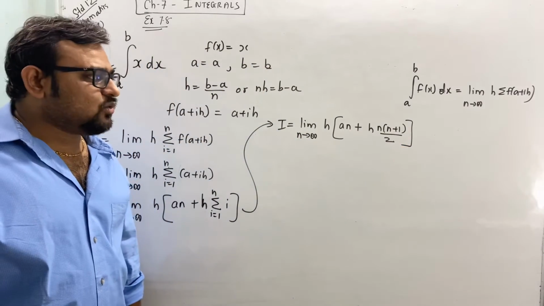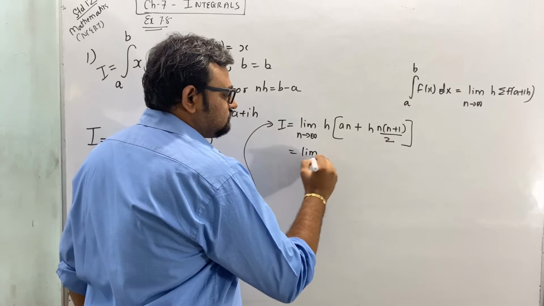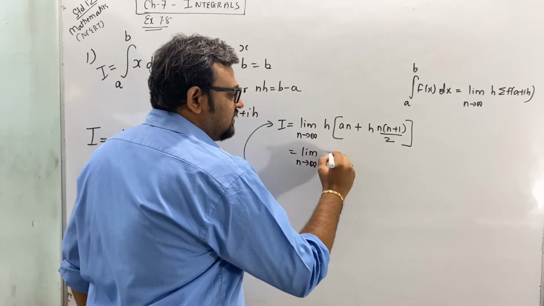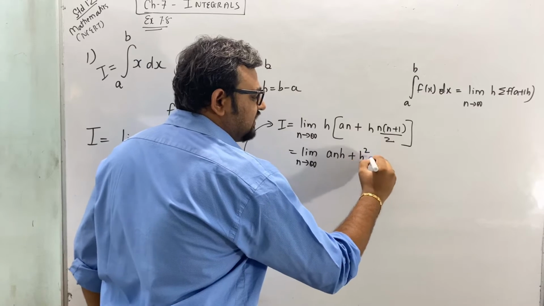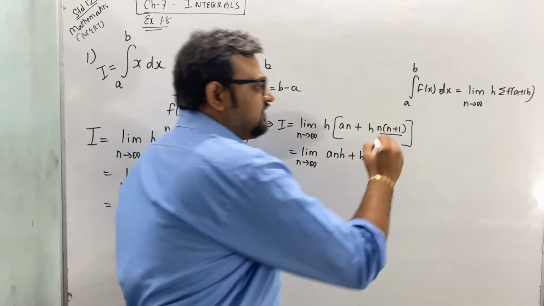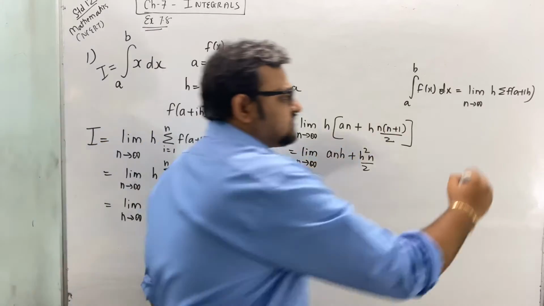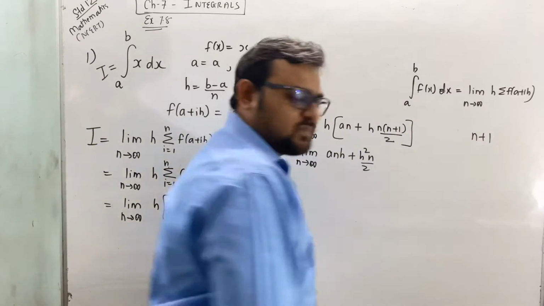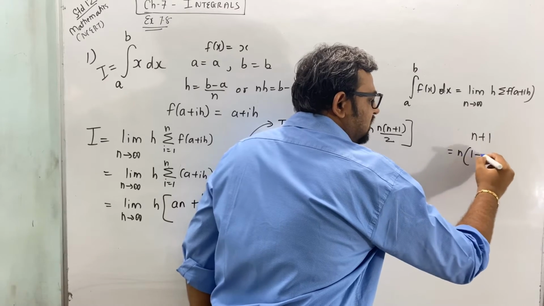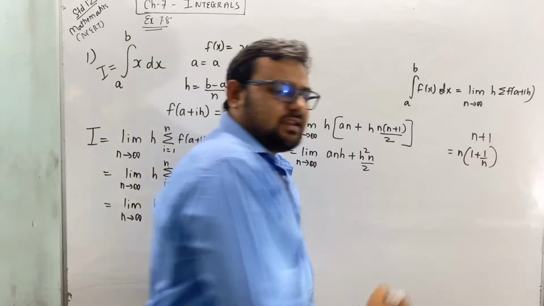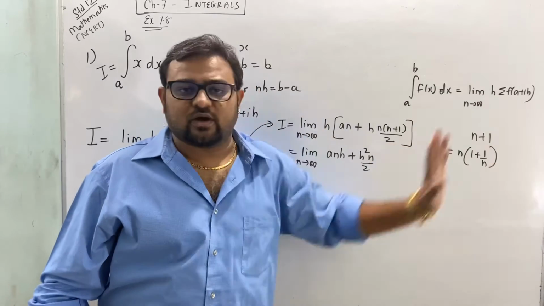Clear? Now I will multiply this h: a n h plus h square n into n plus 1 by 2. Now I can take n common, so it is 1 plus 1 by n. See, n into 1 is n, n into 1 by n is 1.